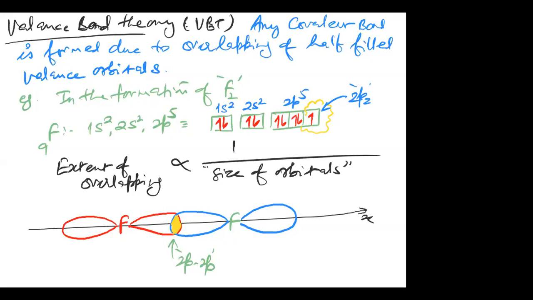If orbitals are relatively bigger in size, their extent of overlapping will be poor. Fluorine can form a bond by 2p overlapping.